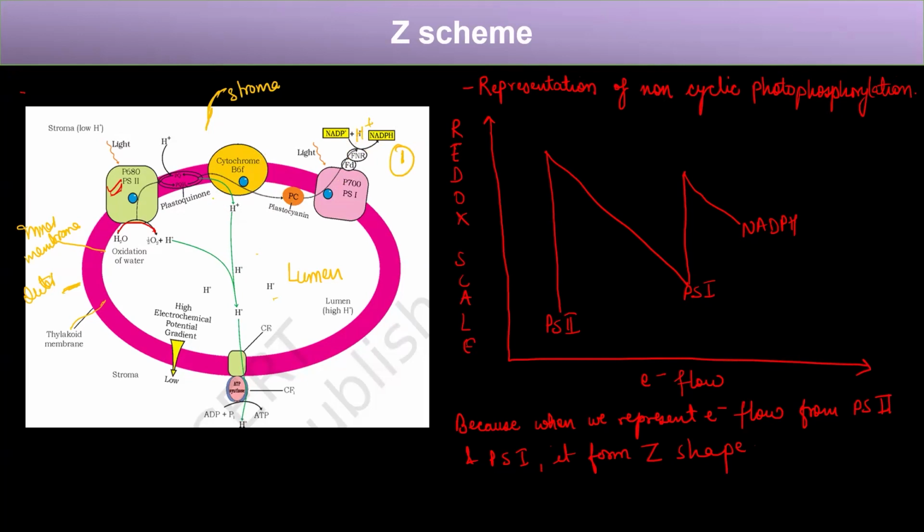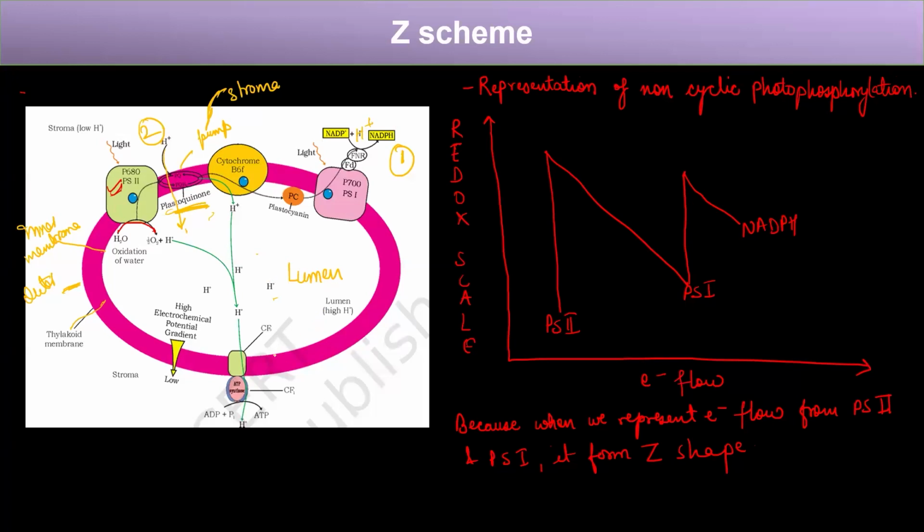Now, the second case: if you remember, we talked about an electron carrier known as plastoquinone. Plastoquinone not only carries the electron, it also acts as a pump. This pump pumps the hydrogen ion from the stroma to the lumen. This is the second way by which the proton concentration varies across the membrane.